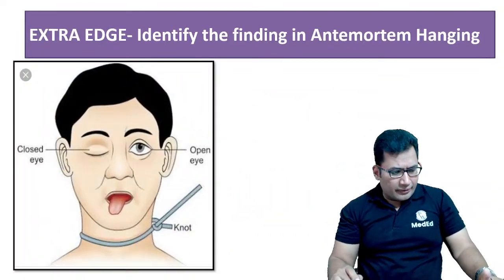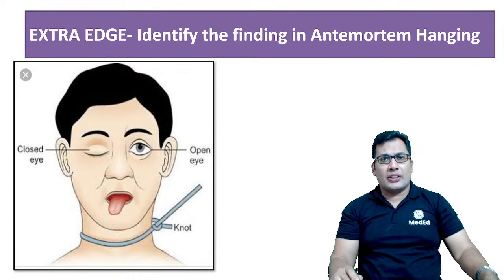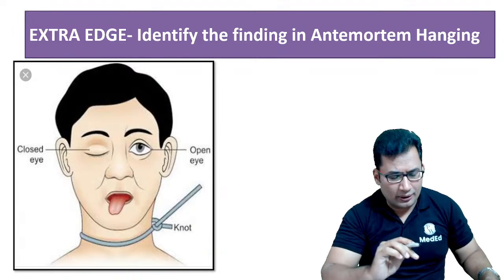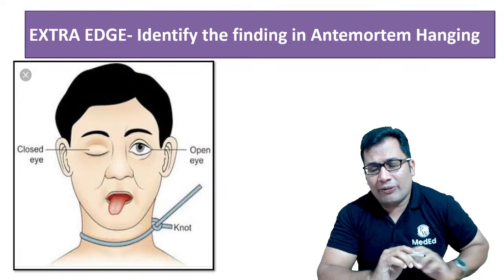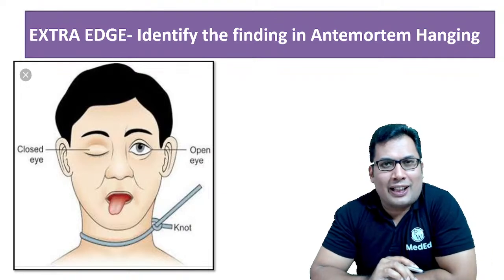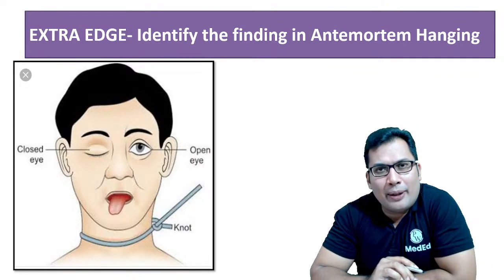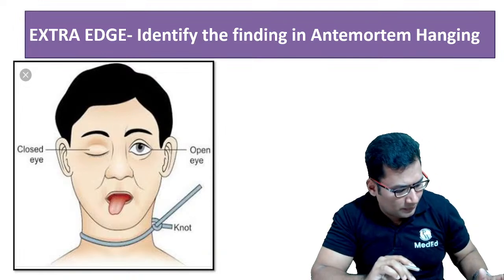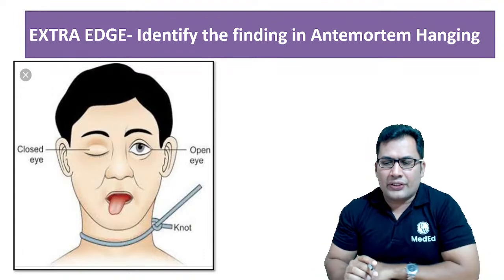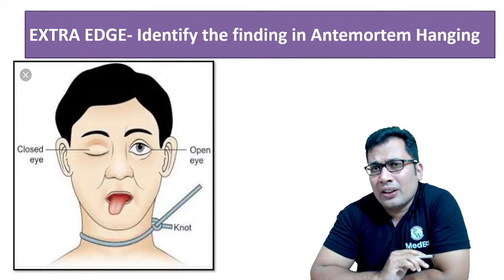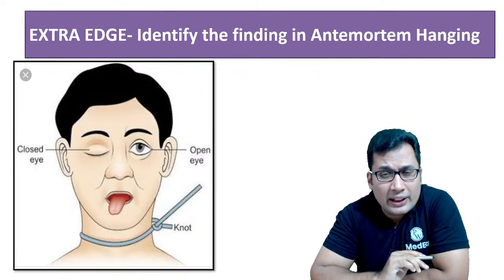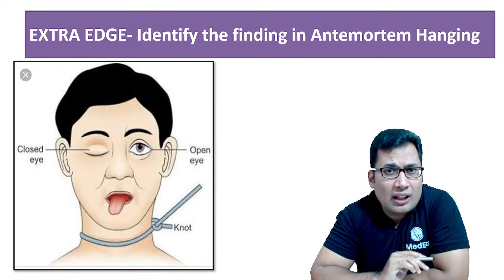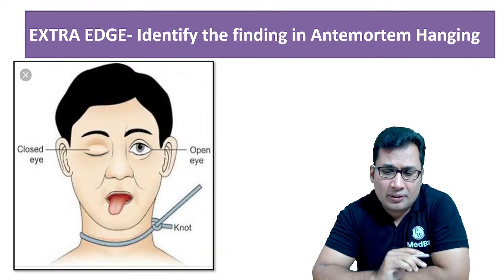Now look at this. Dear students, this can be asked in your exam, an image based question. Identify the finding in ante-mortem hanging. Ante-mortem hanging means the person was alive at the time of hanging or at the time of strangulation.